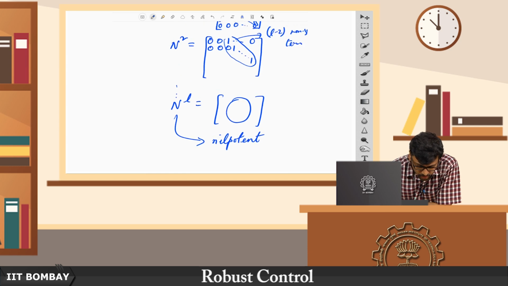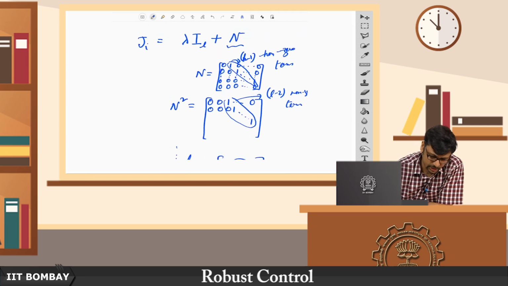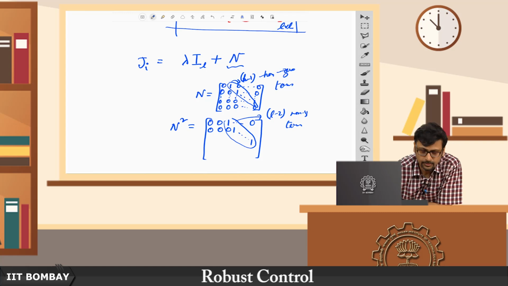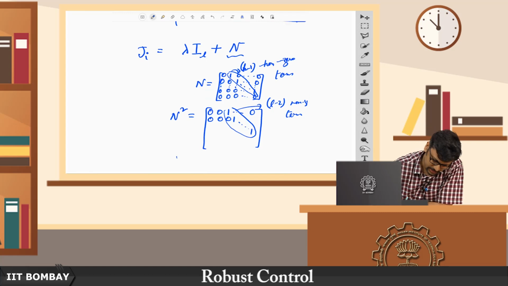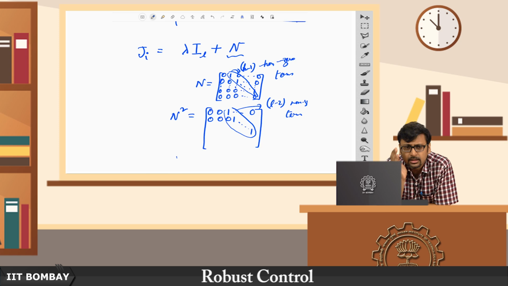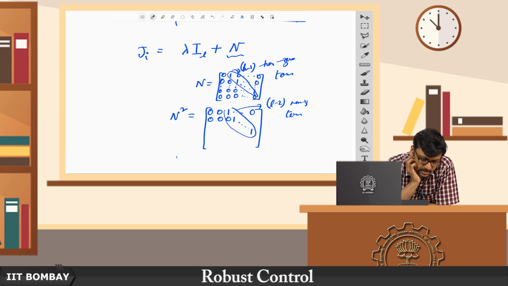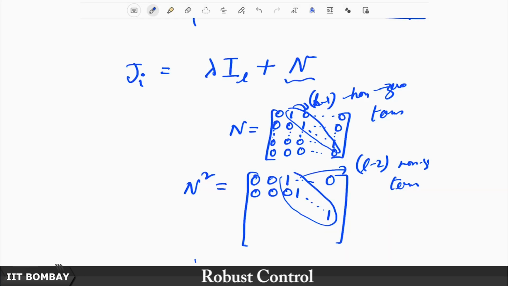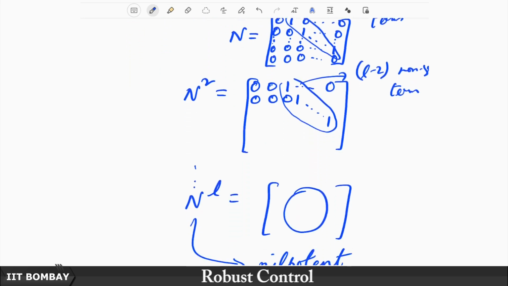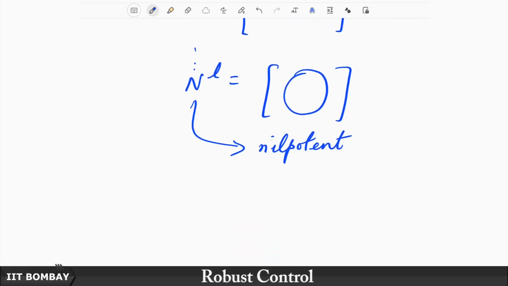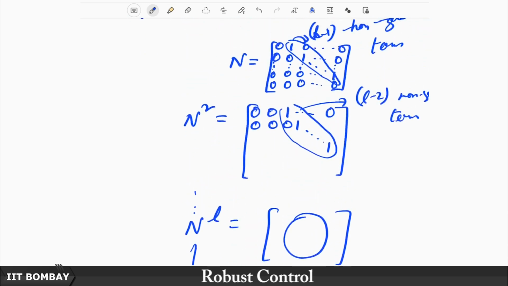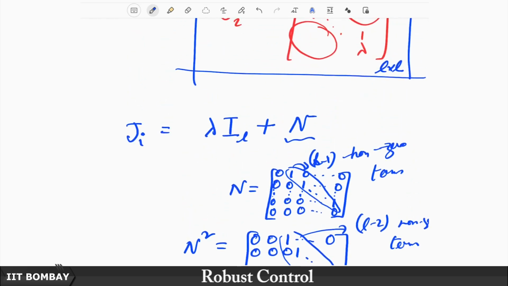With this sort of representation, each individual Jordan block can be represented as a sum of a diagonal matrix where each of its diagonal entries are identical, and a nilpotent matrix which when raised to powers of L or above goes to 0. That is essentially a chief attractive feature of this Jordan canonical representation.